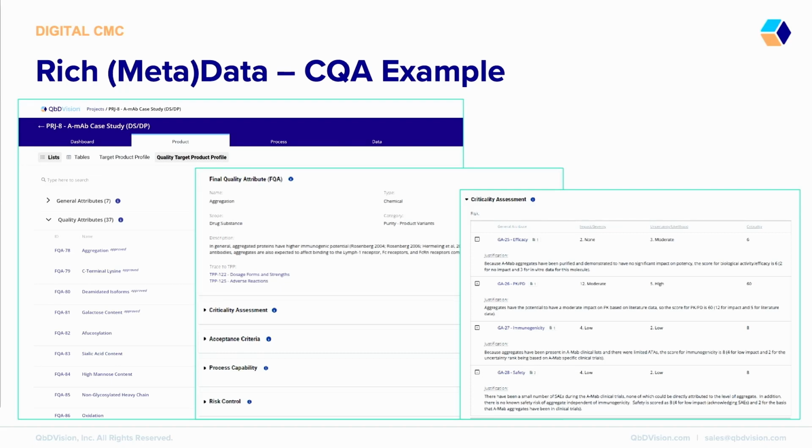So, rich metadata, CQA example, right? You see a list of CQAs in a digital format. Then for a particular CQA, you're drilling down. You can see all the different types of information you can capture. You should capture, right? But all structured.